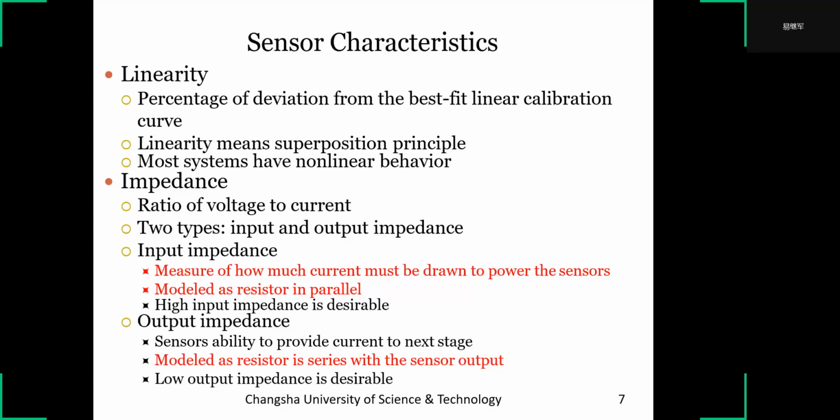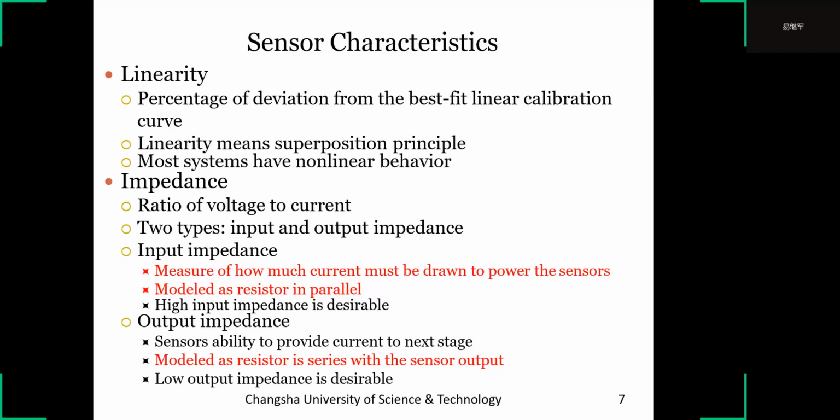Sensor characteristic: linearity is the percentage of deviation from the best fit linear calibration curve.